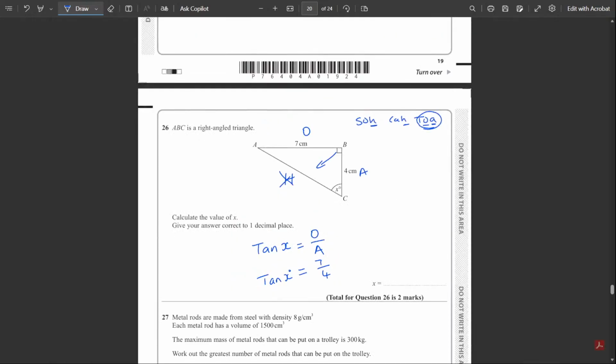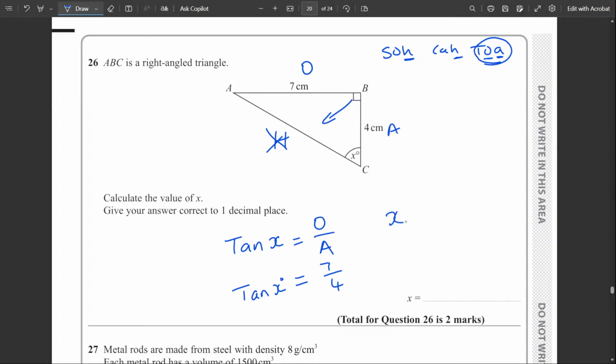So how would I find x? To find x, you take the tan to the other side. So that means tan inverse of 7 over 4. You put that in the calculator and you will be able to find the answer. So I do inverse tan of 7 divided by 4.